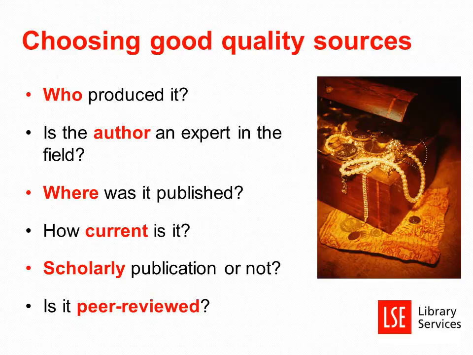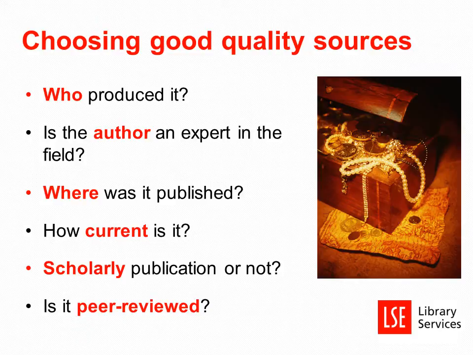In an information-rich world, the question that is commonly asked is, how do we know that what we're looking at is good quality? Is it truthful? Is it accurate? Is it of academic quality? And so here are just some questions to always bear in mind when you're evaluating any search results. Who has produced that work? What is the organisation? Has it got a bias to its work? Is there an author that's a known expert in the field?